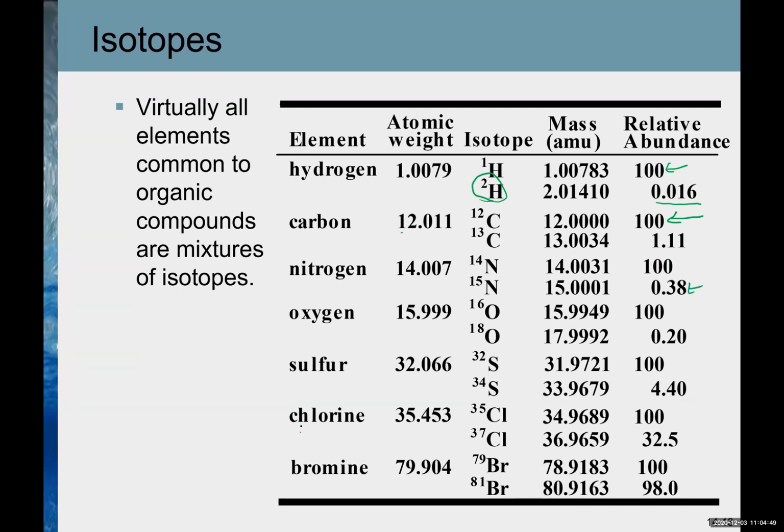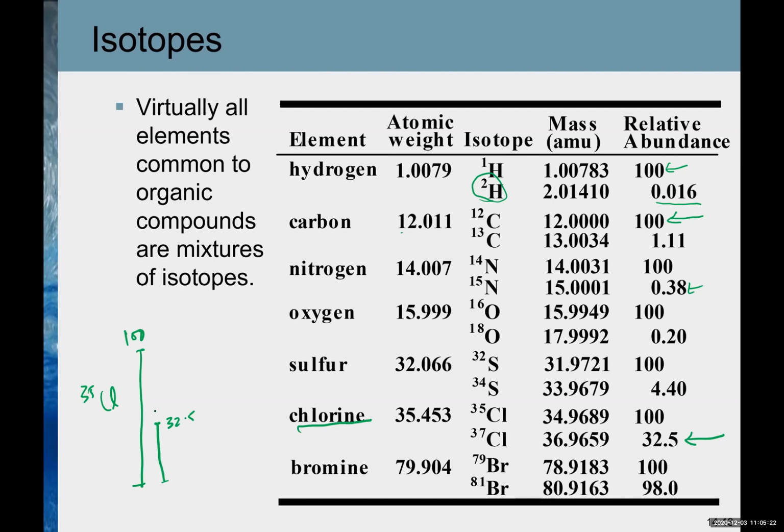The important ones are chlorine. Chlorine is 32.5 after every 100. Okay. So if we get 100 signal from normal chlorine 35, the signal from the Cl37 will be 32.5, like one third, right?